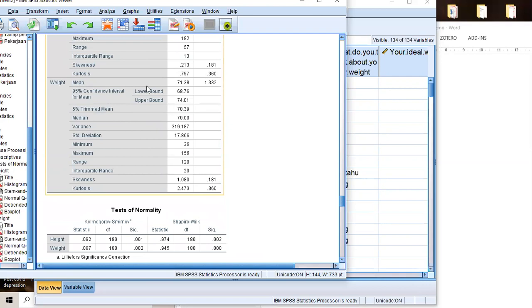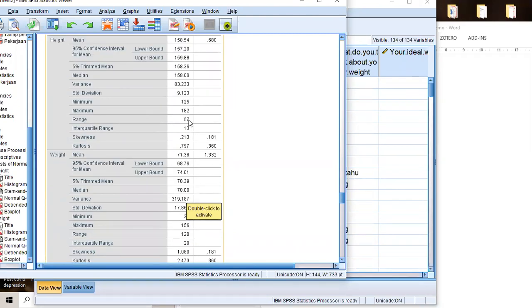The weight, mean is 71 kg, standard deviation about 18 kg, and the skewness slightly more than 1, a bit skewed to the right. Minimum, maximum, 36 kg and 156. Your height, minimum, maximum, 125 and 182.